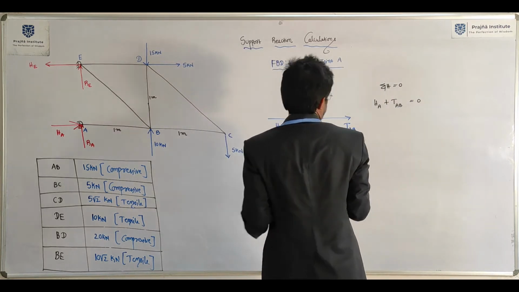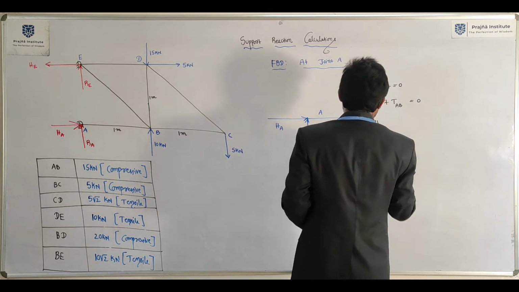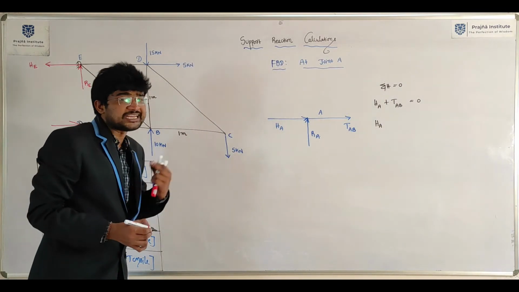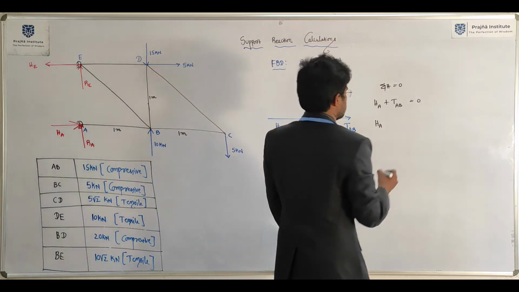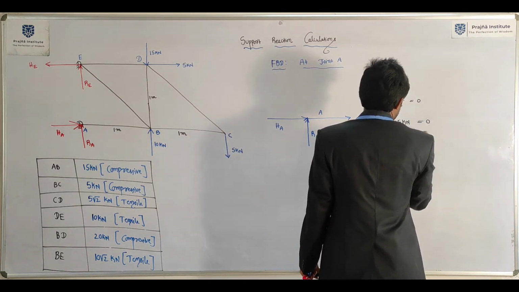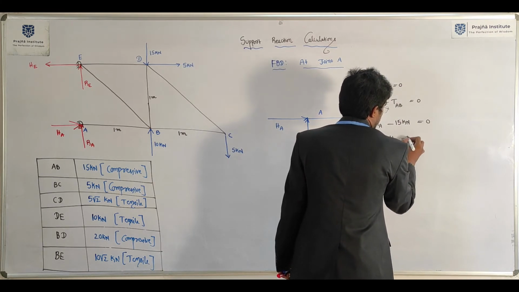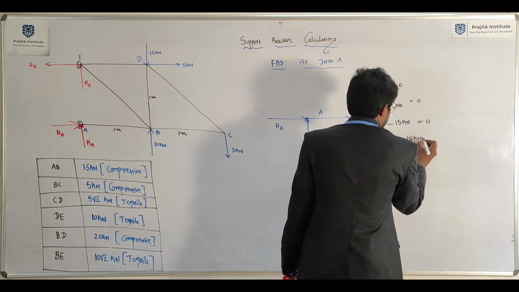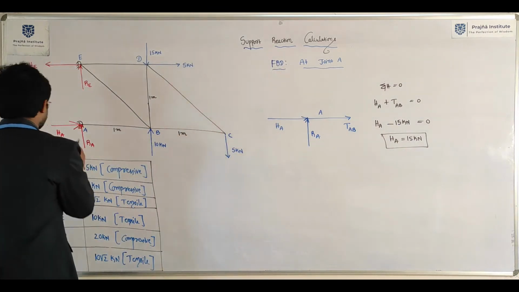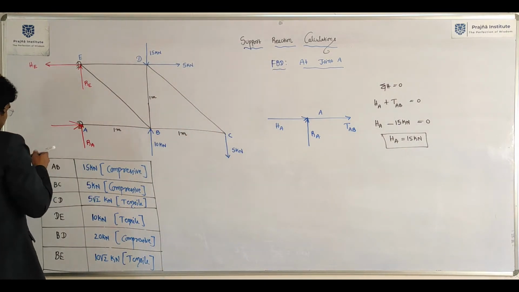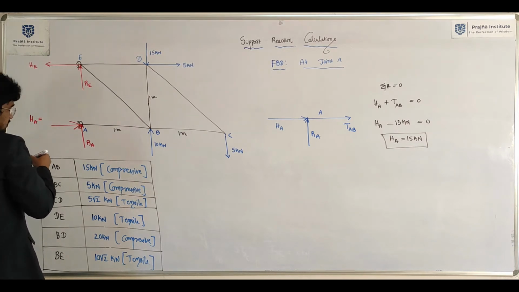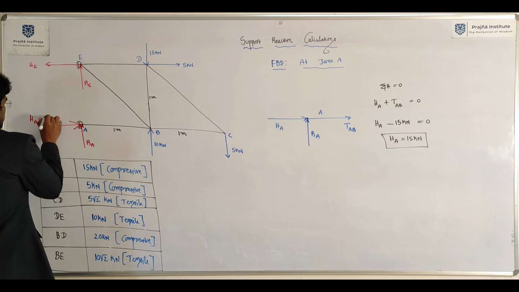What is HA? TAB, force in the member AB, is nothing but 15 kilonewton compressive. HA minus 15 kilonewton equals to 0, HA equal to 15 kilonewton. You got the magnitude of horizontal support reaction at A, that is HA equals to 15 kilonewton.